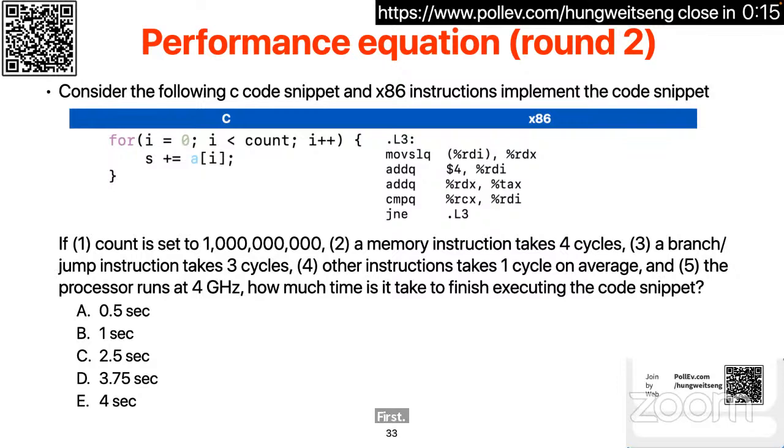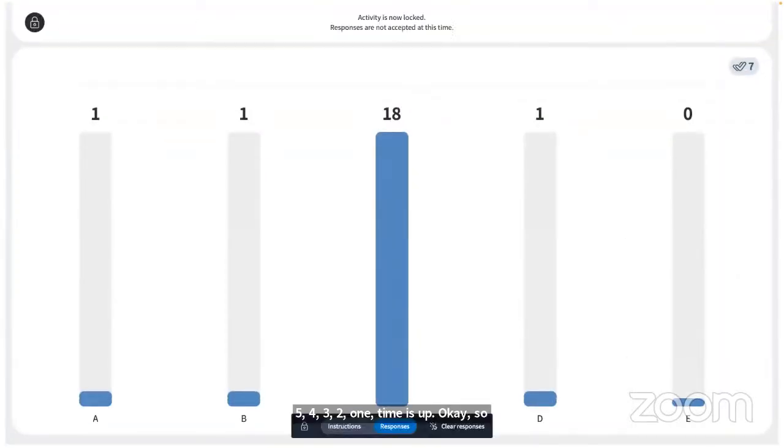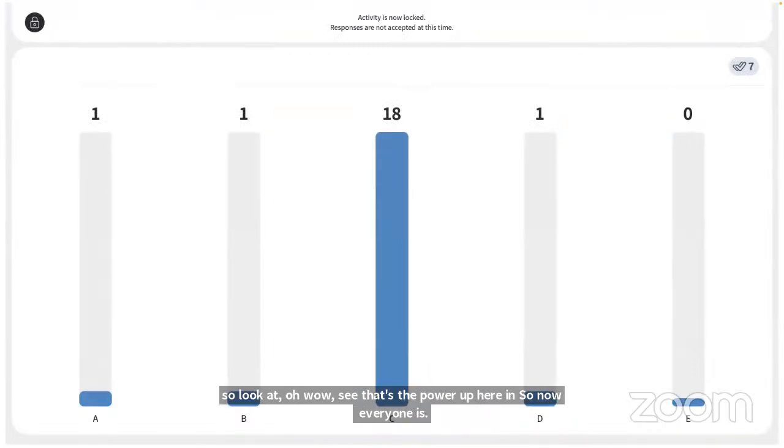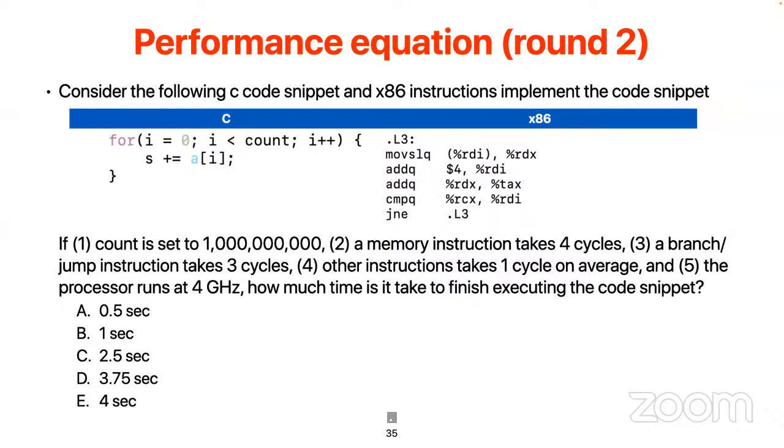All right, let's wrap up in 15 seconds. 5, 4, 3, 2, 1. Time is up. Okay, so look at that, oh wow, that's the power of peer instruction. So now everyone is believing it's C. So who made a transition and would like to share your thoughts with us?